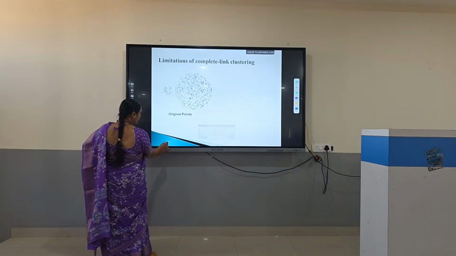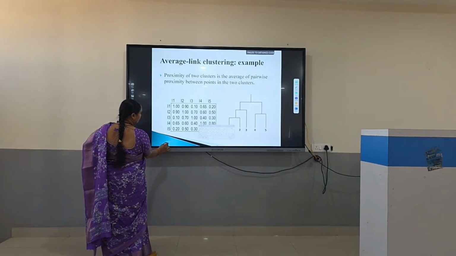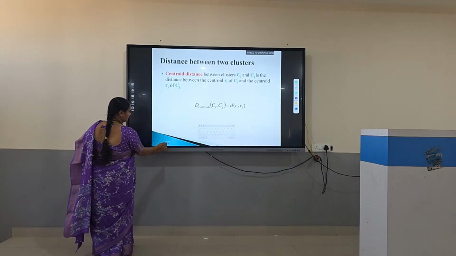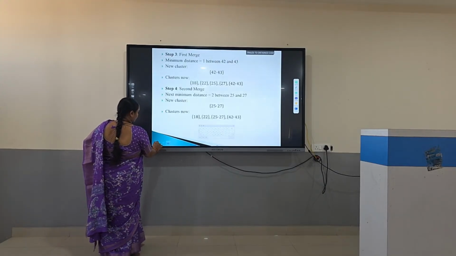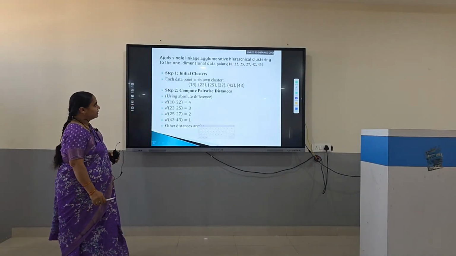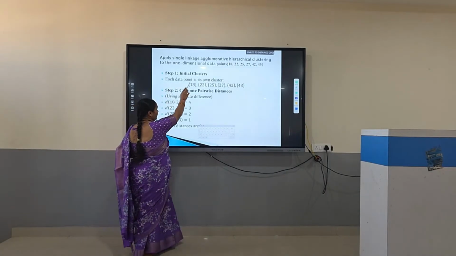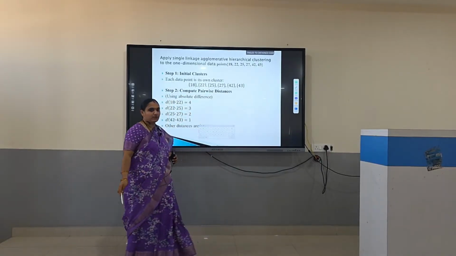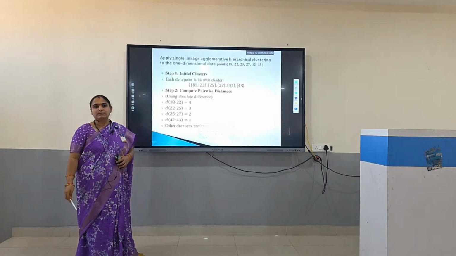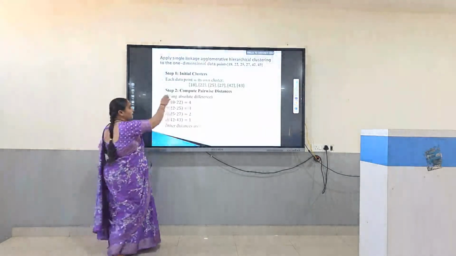See here, everyone, in this particular example, this is your problem. First, what you need to do is, initially all points are treated as individual clusters. With the example I will explain this, please see everyone.